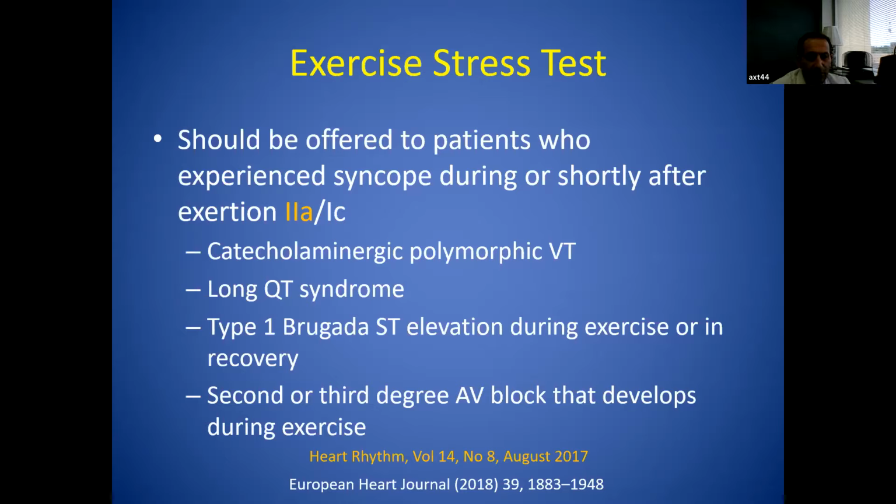You want to assess for long QT and if they can shorten their QT with exercise, if you have a type 1 Brugada ST elevation during exercise or in recovery, or if you develop abrupt heart block, 2nd or 3rd degree, that gets worse with exercise.